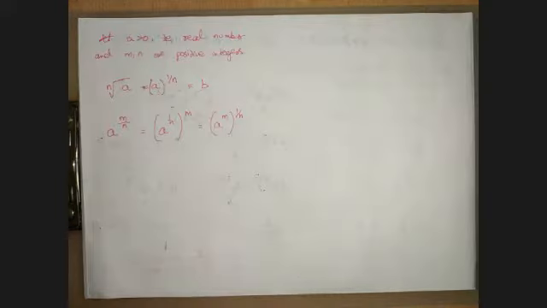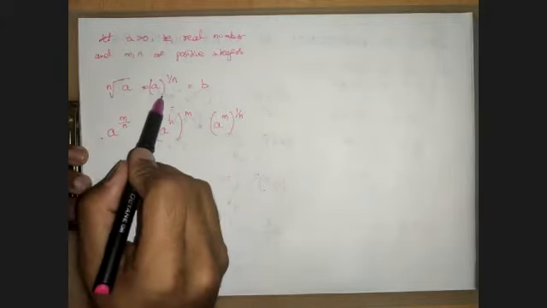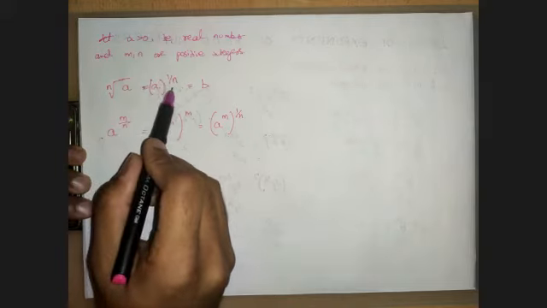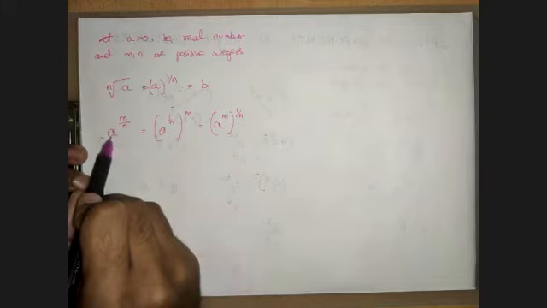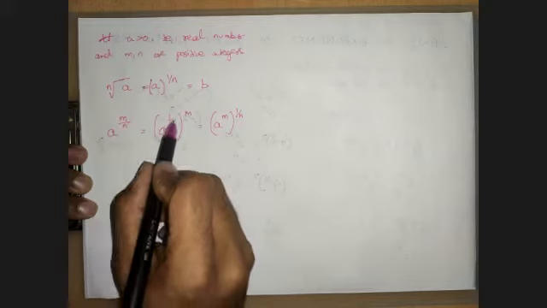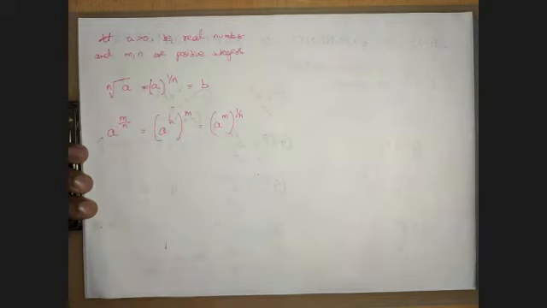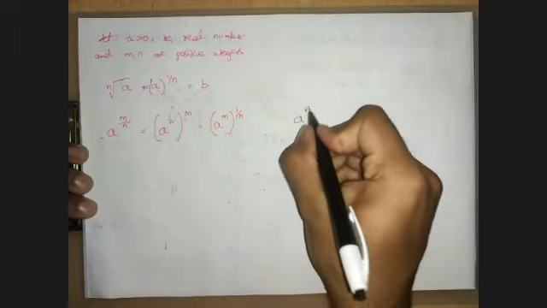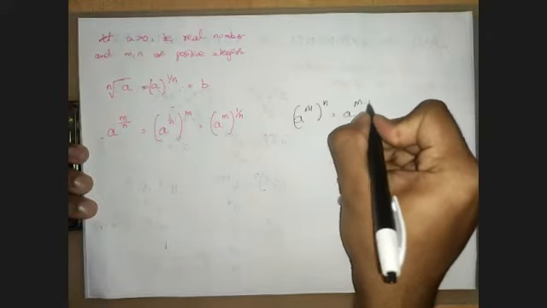Let us look at some more properties. The nth root of a can also be written as a power 1 by n. Again, a power m by n can also be written as a power 1 by n into m. So how did we get this? We already know that a power m whole power n is equal to a power m into n.